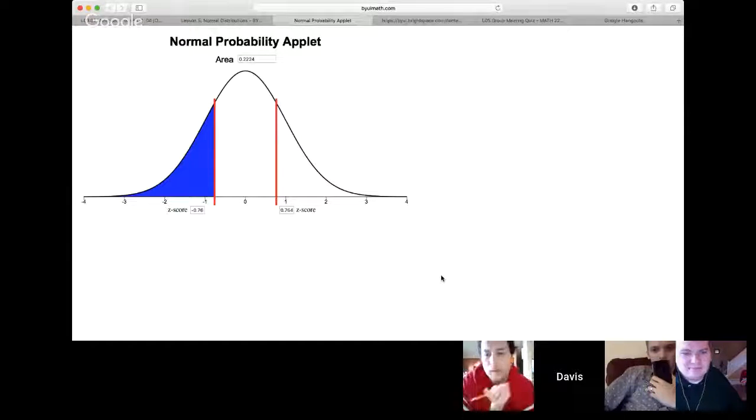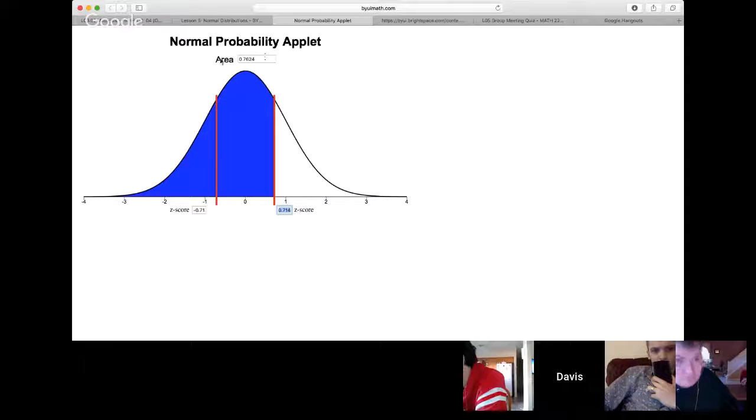Yeah. Okay, perfect. So what we're going to do is take the z-score from 0.70, right? And that was 0.714. Is that correct? Yeah. Okay, so 0.714.